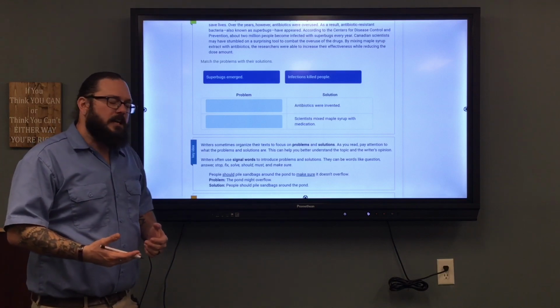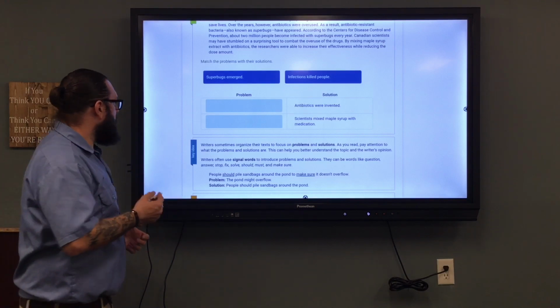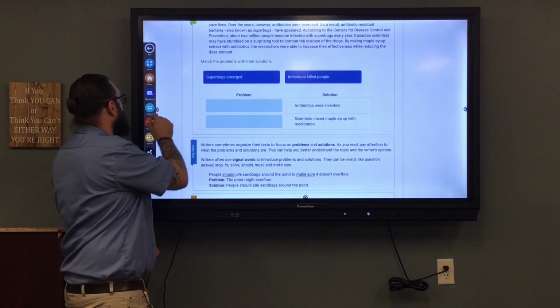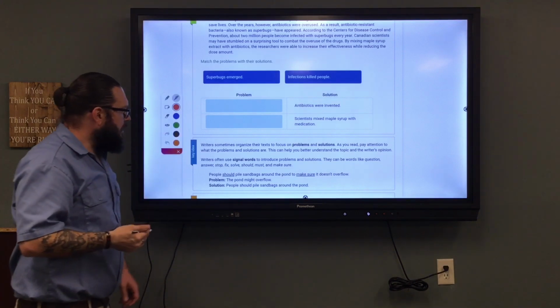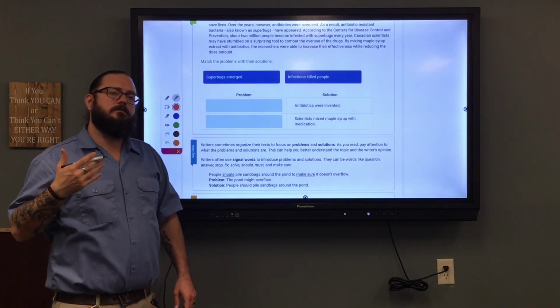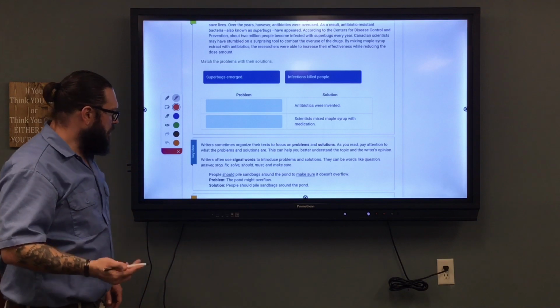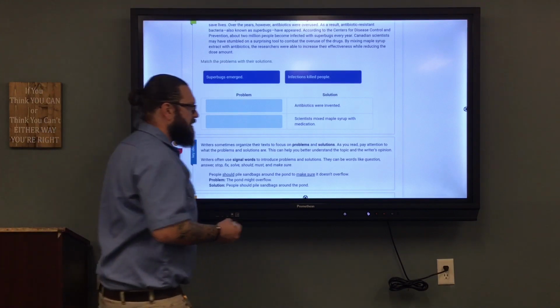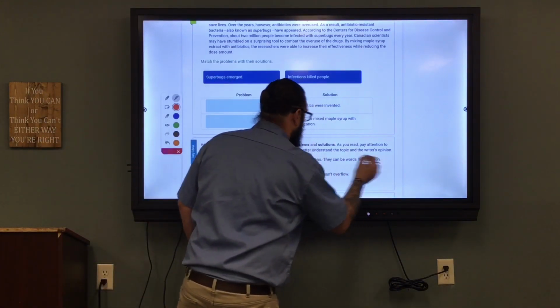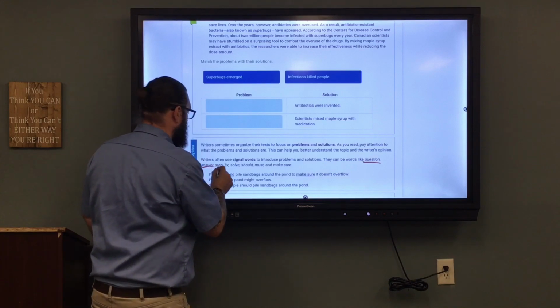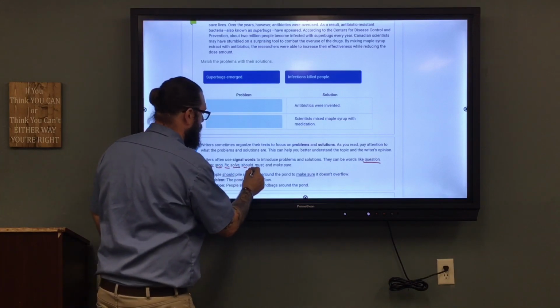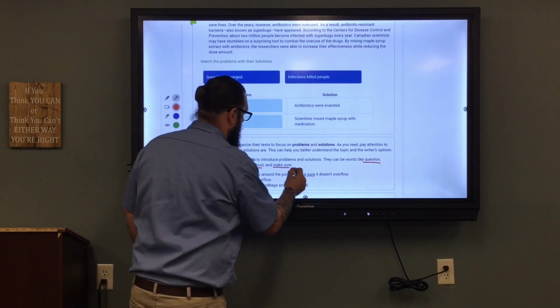As with other text structures, we can look for signal words to help us identify that the problem-solution relationship is being used. Some signal words to know will be question, answer, stop, fix, solve, should, must, and make sure.